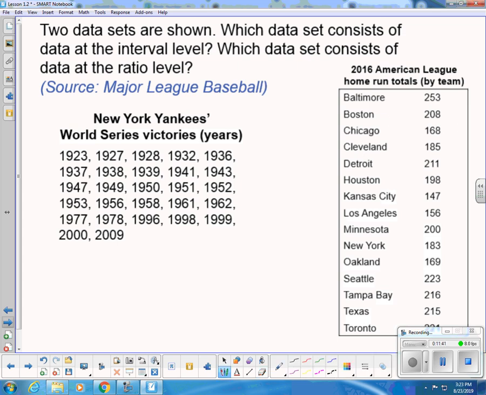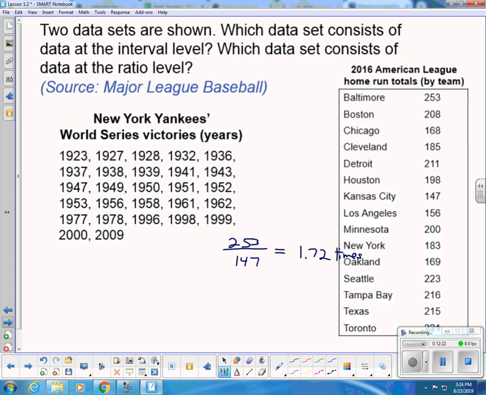So if I take, for instance, Baltimore over, I don't know, let's say Kansas City, I could actually get a ratio and say that Baltimore got 1.72 times more runs than Kansas City did. So if it makes sense that you can divide those, then it would be ratio level.